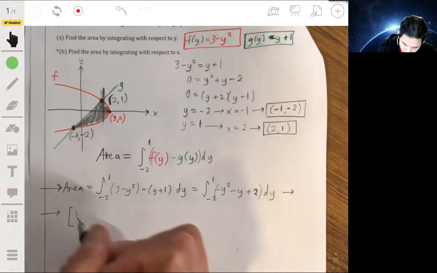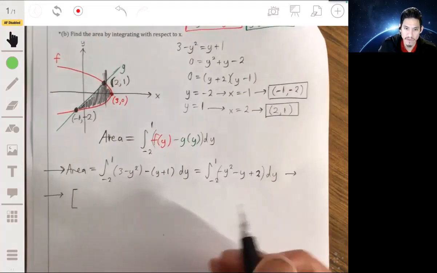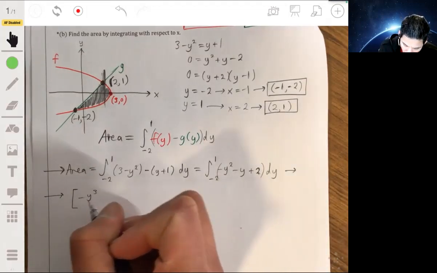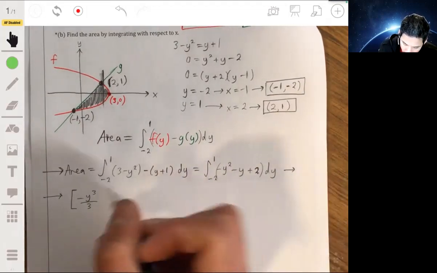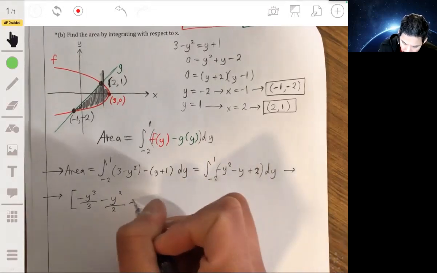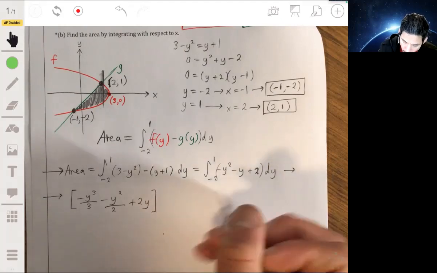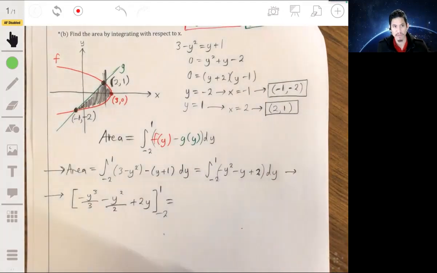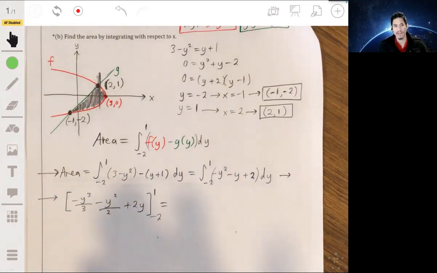So the antiderivative is negative y to the third over 3, minus y squared over 2, plus 2y, from -2 to 1. And from here, it becomes pretty much not even a calculus problem.